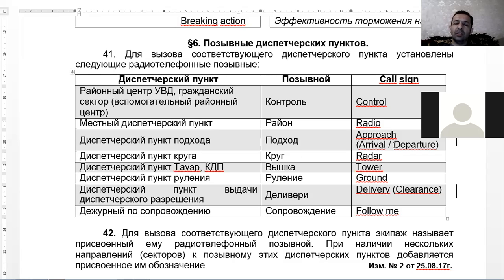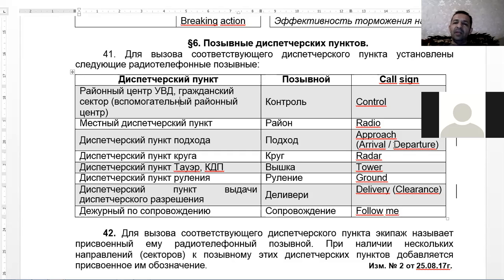Ground also gives permission for startup of engines, pushback, towing, and taxiing on the maneuvering area, the ramp area, and taxiways. From the holding point to the runway, there will be a handover to tower.